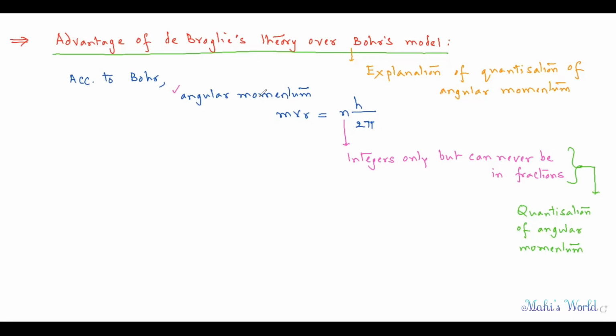Let me go for that. Now, mvr is equal to nh by 2 pi. Let us just rearrange that.